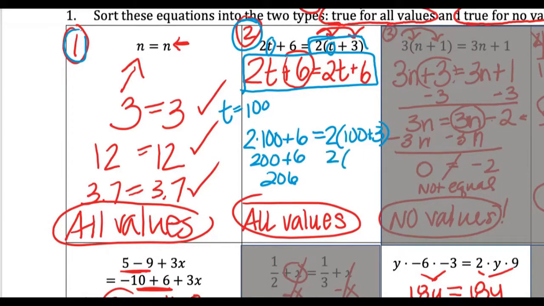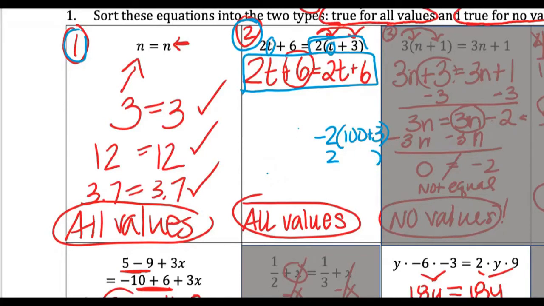And on the right, I get 2 times 103, which is 206. They equal each other. So again, that's what it means when we say all values or all solutions. So just a little bit of review for that.